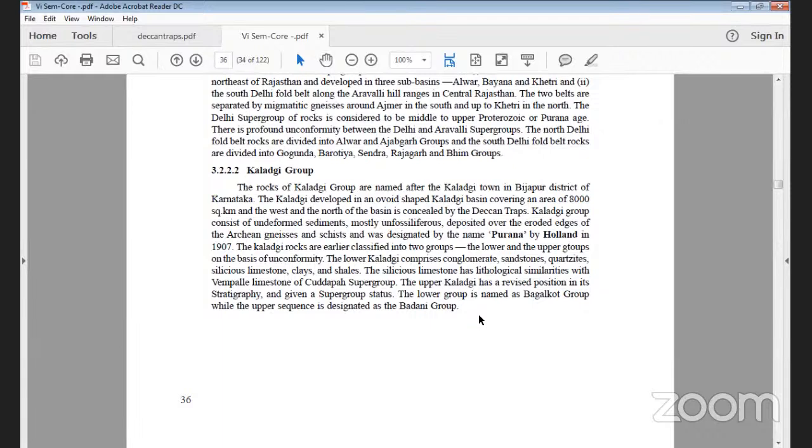The Kaladgi group consists of unmetamorphosed sediments, mostly unfossiliferous, deposited over the eroded edges of Archean gneisses, which were designated by the name Purana. The name was given by Holland in 1907. It's important: the name Purana was given by Holland in 1907.